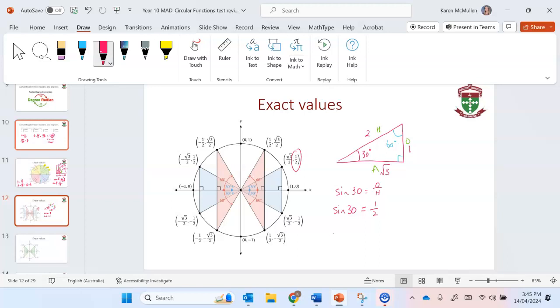If we were doing sine of 60 degrees, this time our opposite side would be √3 and our hypotenuse is 2. And you'll do the same for cos. So cos is equal to adjacent over hypotenuse. So our adjacent side is √3 on 2. And then if we were doing 60 degrees, then it would just be the opposite of what it was for sine. So it would give you 1/2.